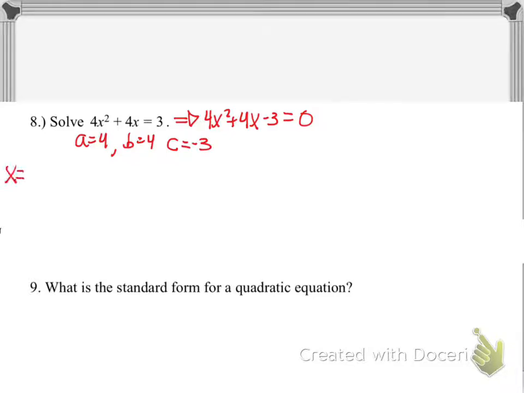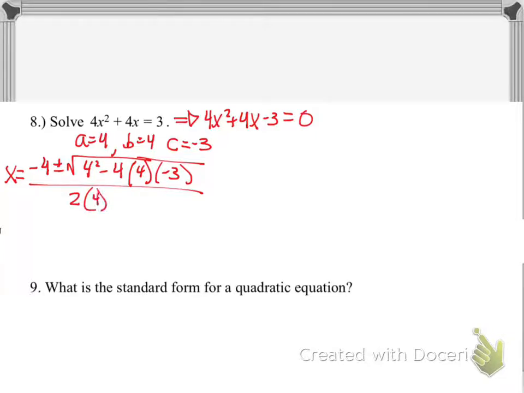X is equal to -b plus or minus the square root of b squared minus 4ac all over 2a. I'm going to do my discriminant all by itself. B squared minus 4ac.